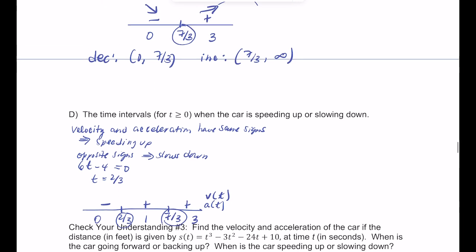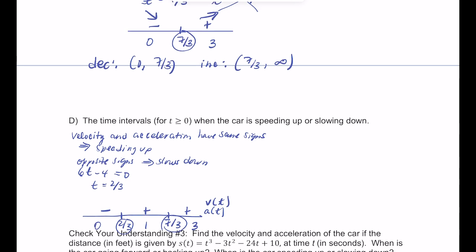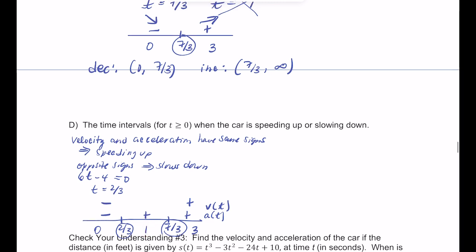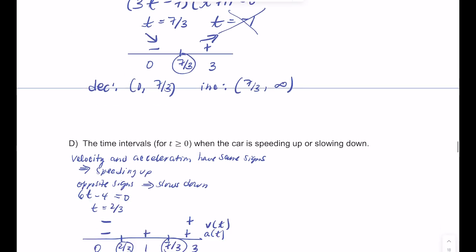Okay, and then I already know part of this anyway, for v of t, what I would have gotten. So I know that when you plugged in a 3, right, v of t was positive. And when I plugged in 0, I know v of t was negative. When I plug in a 1, if I go back to v of t and plug in 1, I get a negative times a positive, which is a negative.